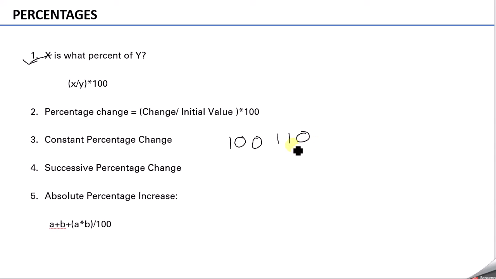But now only this constant 10% will go on adding, so the next will be 120. This 10% will also add to this and so on.